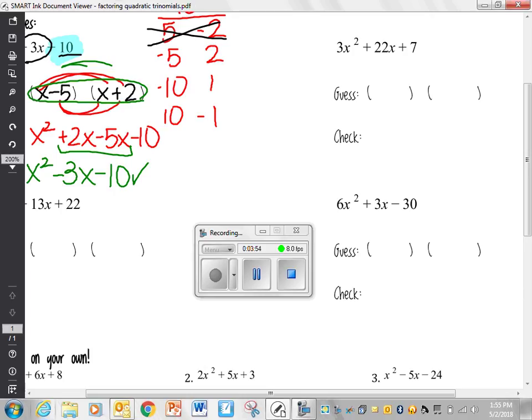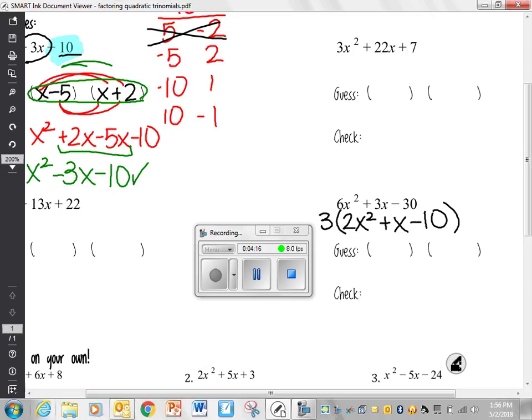So I have 6x squared, 3x, and negative 30. There happens to be a GCF. 3 goes into all of these terms. I'm going to factor out a 3 and write what I'm left over with. 2x squared, x, and negative 10.